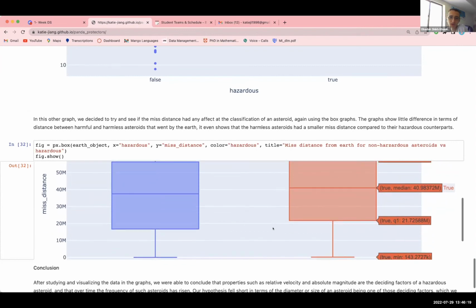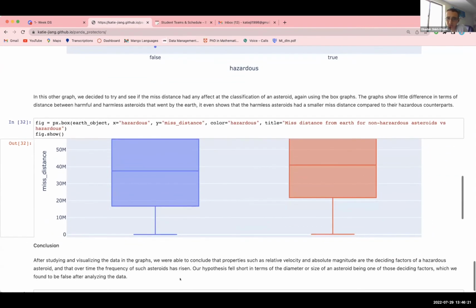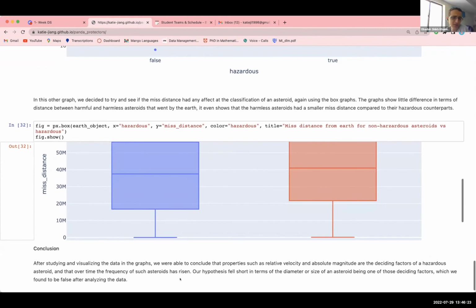So in conclusion, we realized that the only properties that determined if an asteroid is hazardous or not were the relative velocity to the Earth and the absolute magnitude of the asteroid. Over time, the frequency of such asteroids has risen, both harmful and non-harmful, but it could possibly be because of advances in technology.